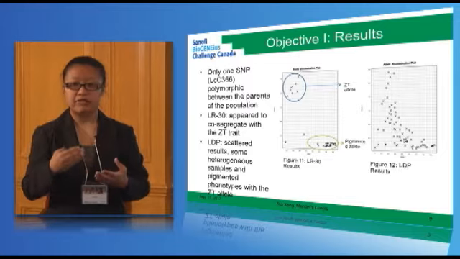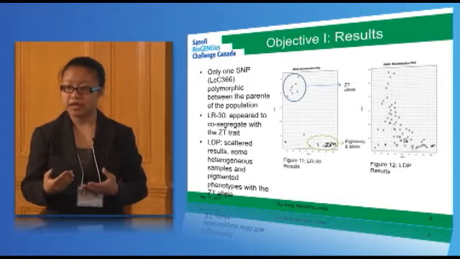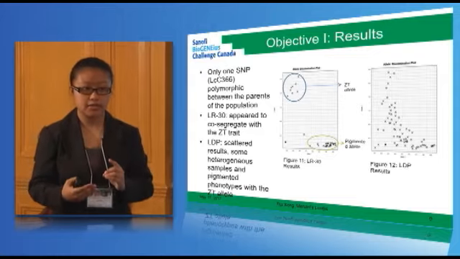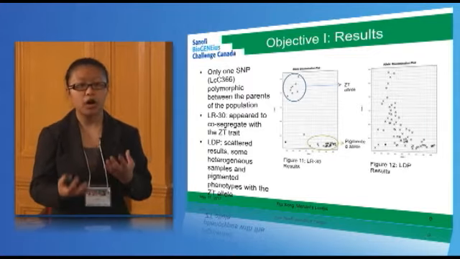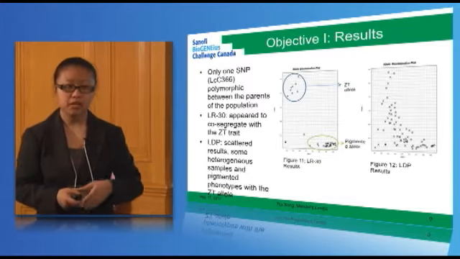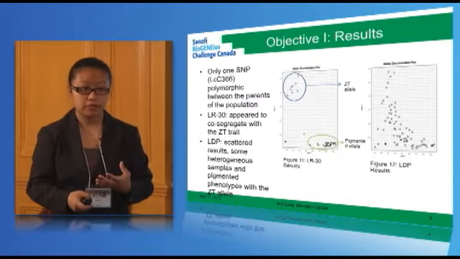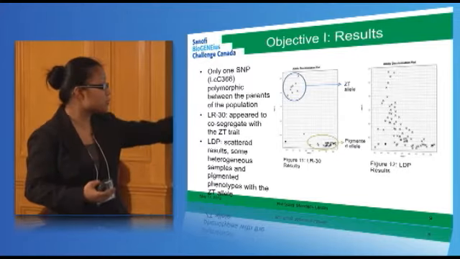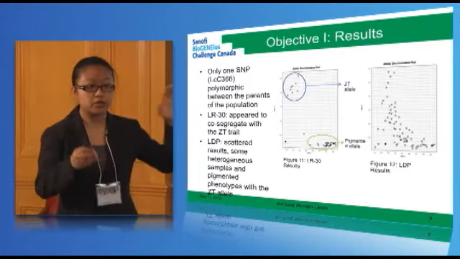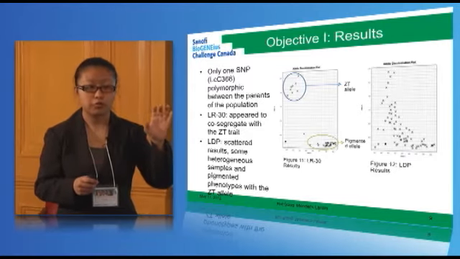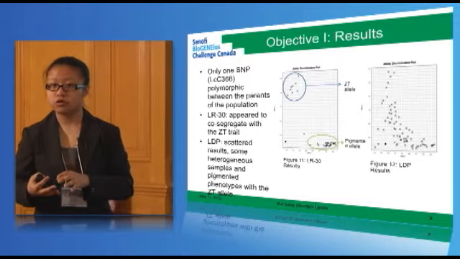So the results of the SNP genotyping indicated that of the 2 primers designed, only one, LCC 336, was polymorphic between the parents of the population. When it was screened on LR30, it co-segregated with the ZT trait. As you can see in figure 11, there is distinct separation between the ZT allele group, shown in blue, and the pigmented allele group, shown in green.